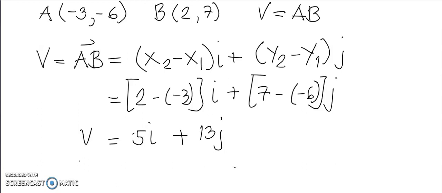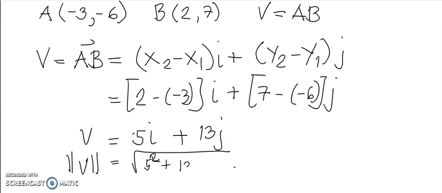For the magnitude of the vector, we have 5 squared plus 13 squared. So we have 25 plus 169, right?